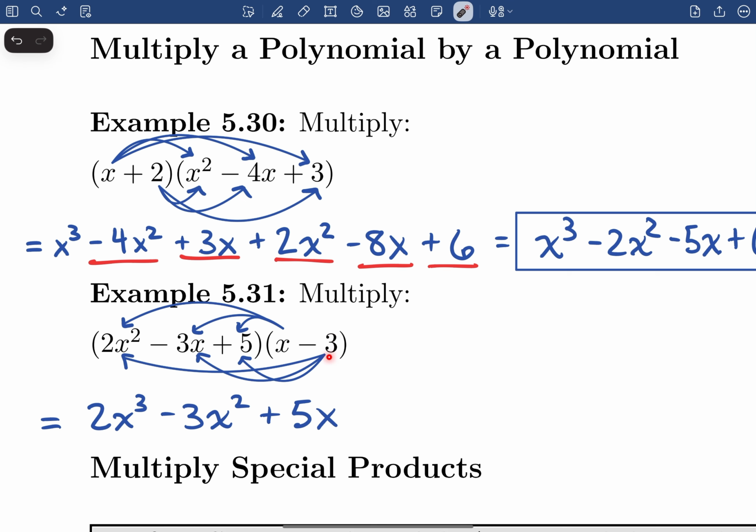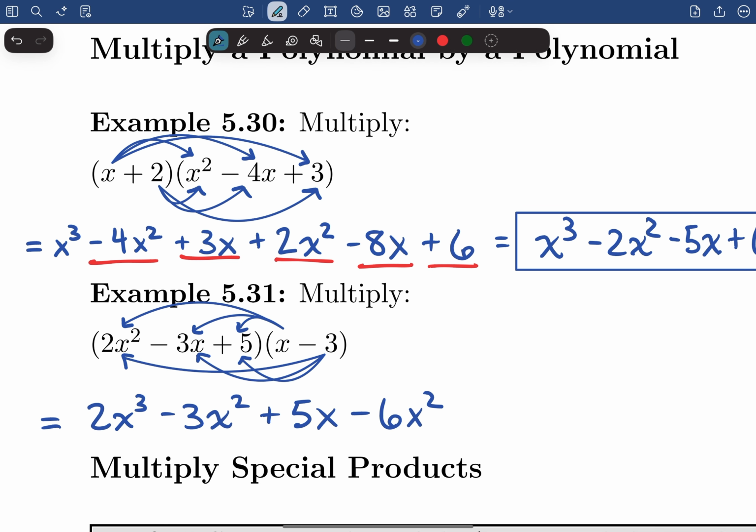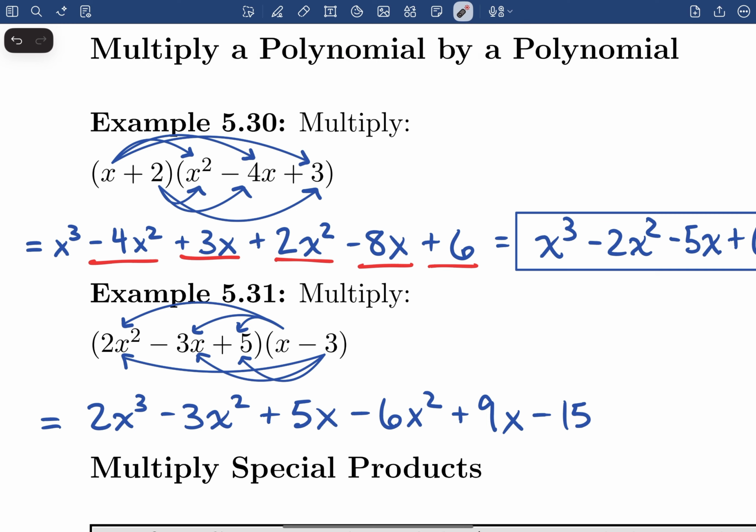Now I'm going to multiply negative 3 into all 3 of these terms, and I get a negative 6x squared and a positive 9x and a negative 15. Okay, so negative 3 times 2x squared is negative 6x squared. Negative 3 times negative 3x is a positive 9x. And negative 3 times positive 5 is negative 15. So you see the 6 terms that result.